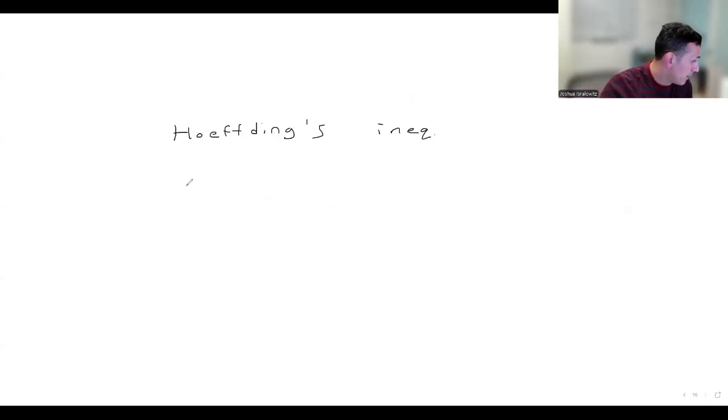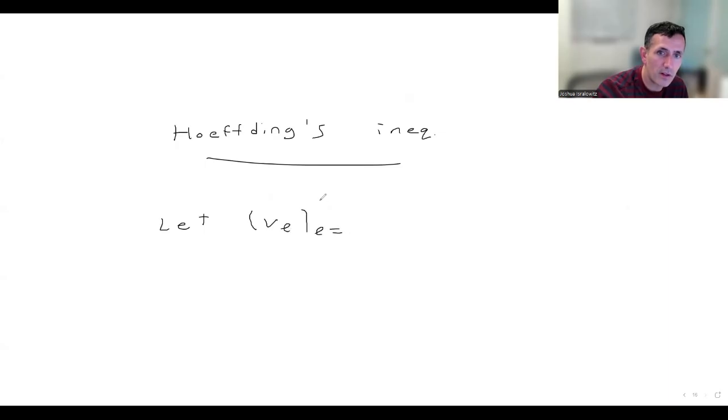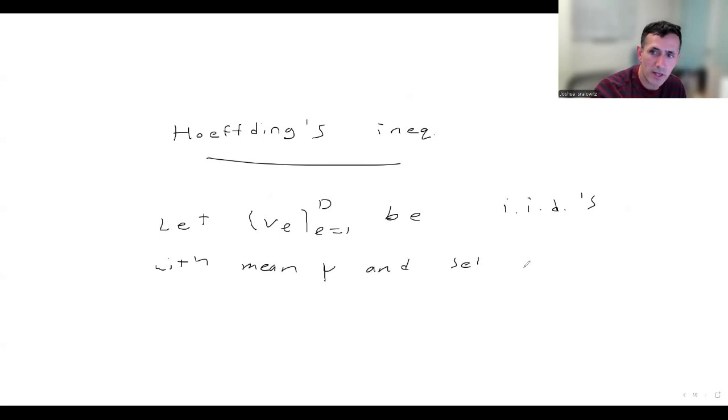Respect that. Okay, so what's Hoeffding's inequality? What does that have to do with this? Let's say I have IIDs with mean mu, and let S_D be the sample mean.